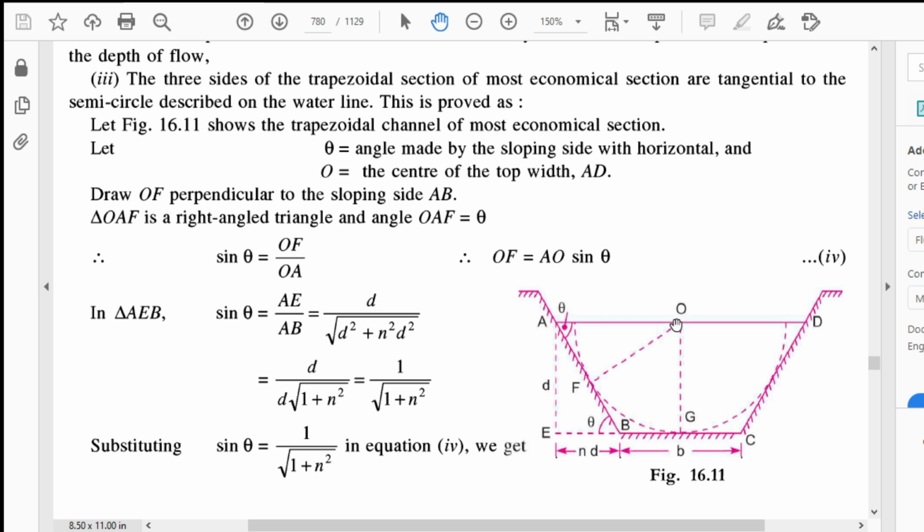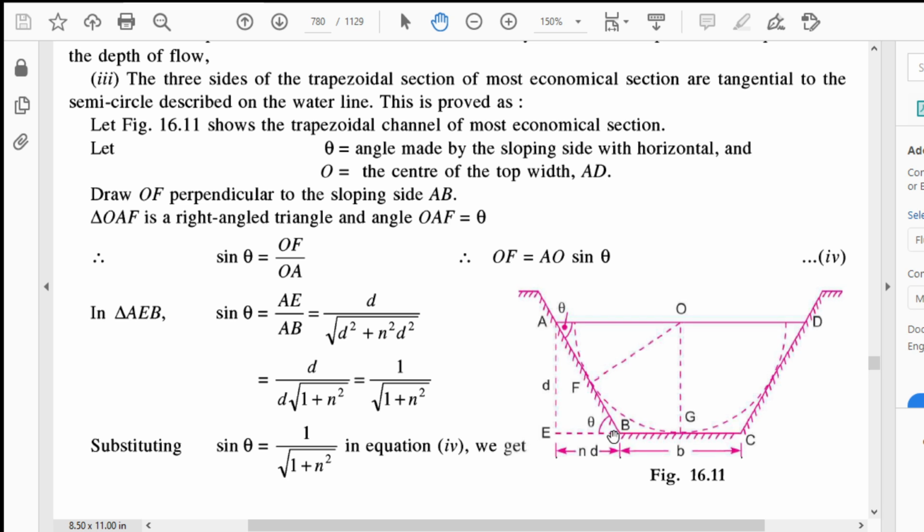From this center of the top width, draw a perpendicular to the sloping side AB at point F. So OF is the perpendicular to AB. That means AFO should be 90 degrees.